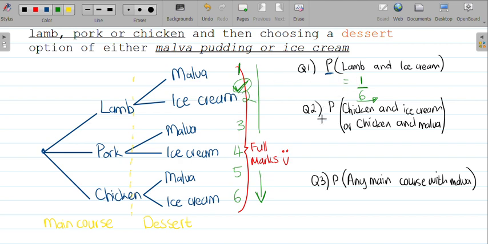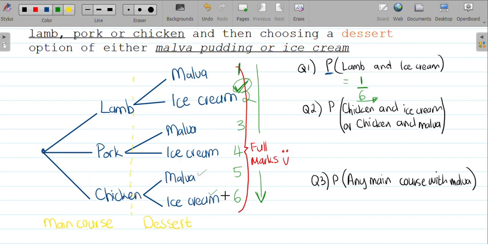Question number 2 is saying chicken and ice cream or chicken and malva. So let's go ahead and do that. Firstly, it is chicken and ice cream. Let's note that down: chicken, then ice cream. That is the first outcome that we want. Or it is chicken and malva.